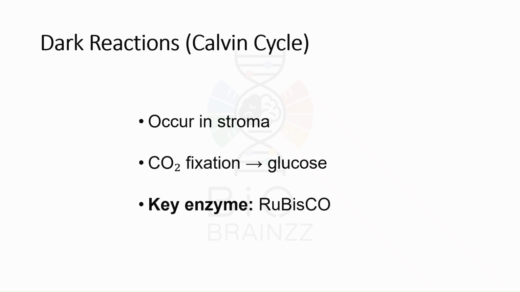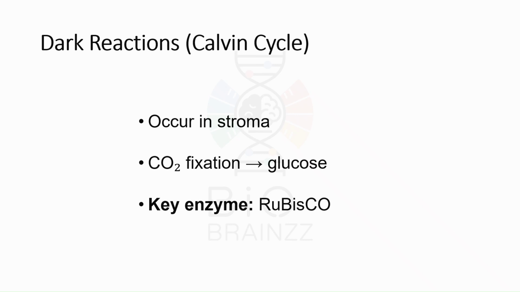Now we move to the dark reactions, also known as the Calvin cycle. These reactions occur in the stroma of the chloroplast and do not directly require light, but they depend on ATP and NADPH produced in the light reactions.